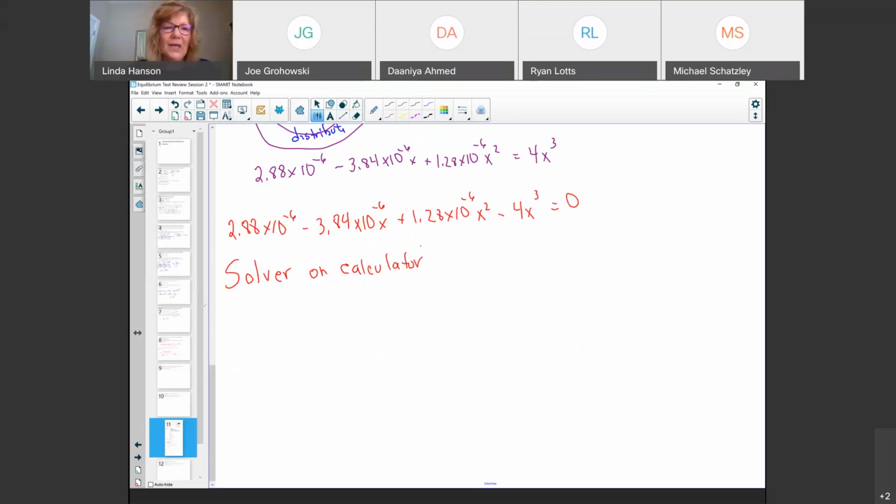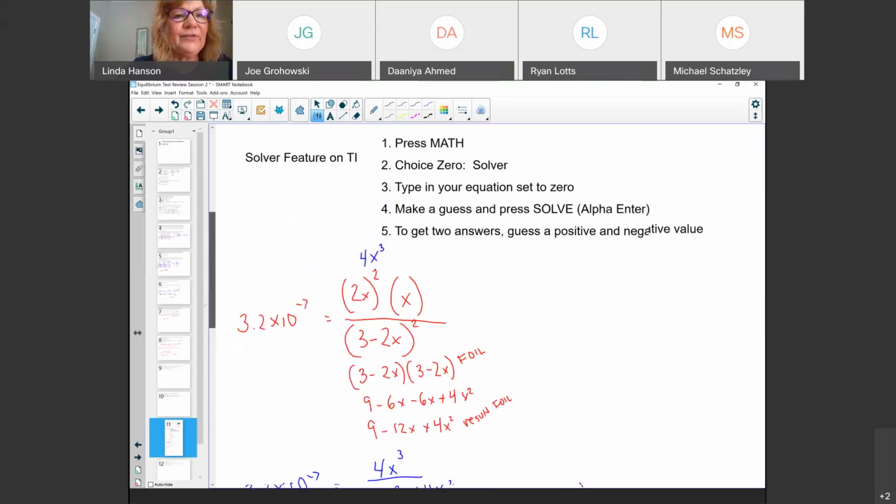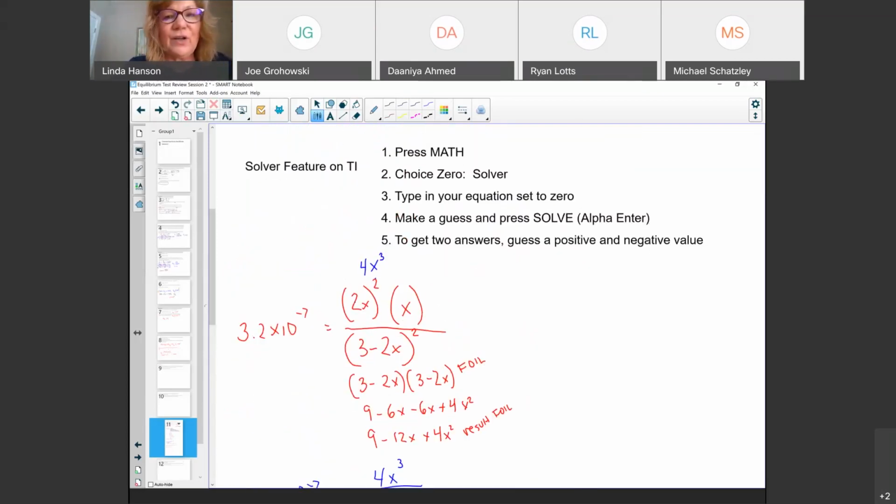I'm going to slide back up here because I typed up how to use the solver feature on your calculator. Let me walk through that with you, and I'll try my best to hold it up to the camera as well. If you have never used solver before, your world is about to be rocked, because it will make your math easy.